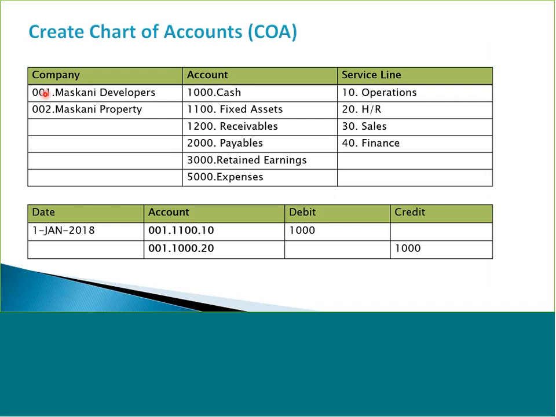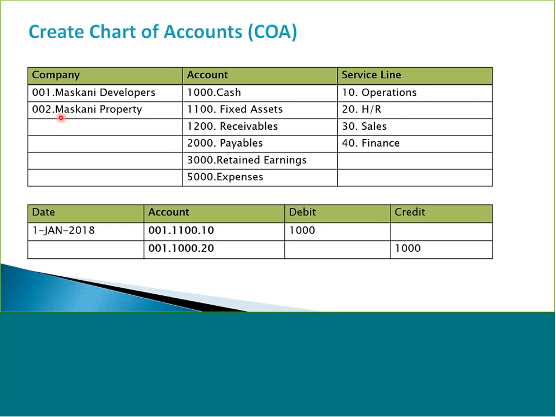So in our own implementation, we are going to label the companies as 001, 002. If we had another one, it could be 003. So for the maximum number of characters, we are going to select 3, which, for the company value set, will enable us to enter 3 characters like this.